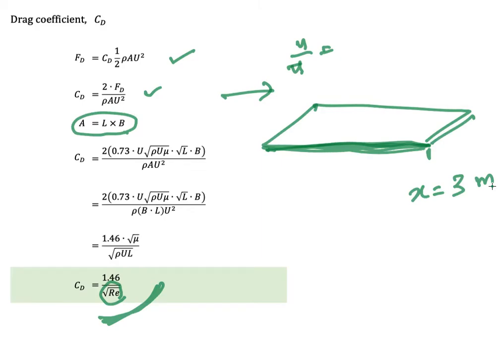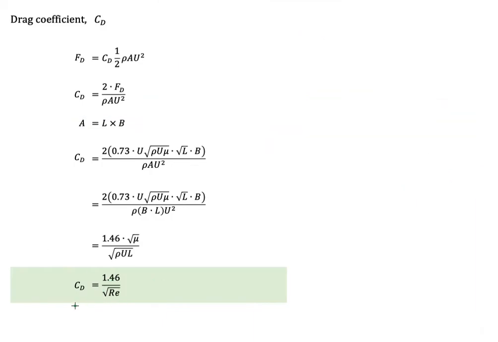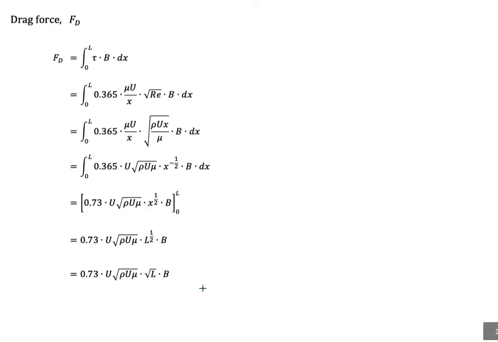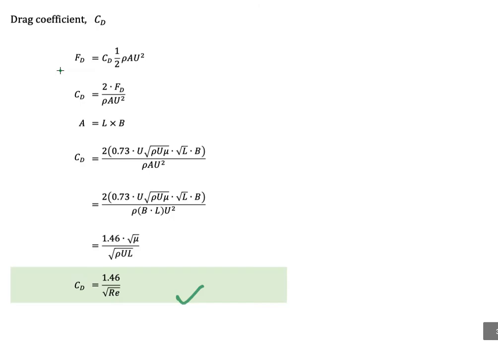It depends on you actually. Sometimes people want to determine the value of CD first, and then they will get the value of FD, because if you get the value of CD, you could use this equation, and then you could have the value of drag force.